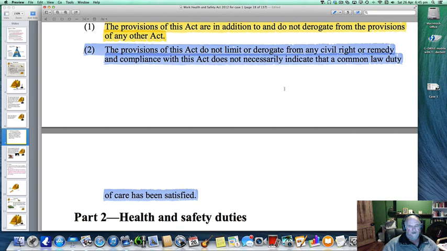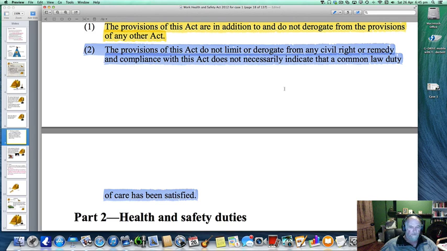in which we're looking at the law of negligence. In South Australia, this Act, the Work Health and Safety Act, does not take away your right to sue civilly. In other words, to sue for negligence or even something which isn't negligence but is still civil. Most of the time it's negligence, but occasionally you get a deliberate act of a person resulting in injury, and that's a battery or an assault.